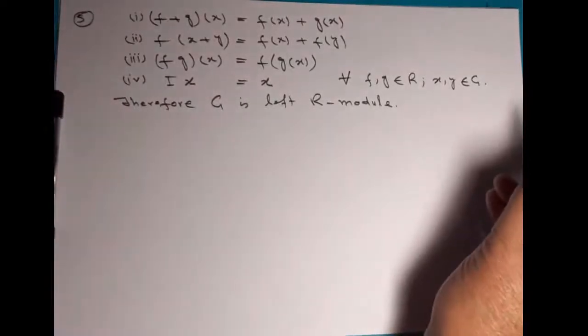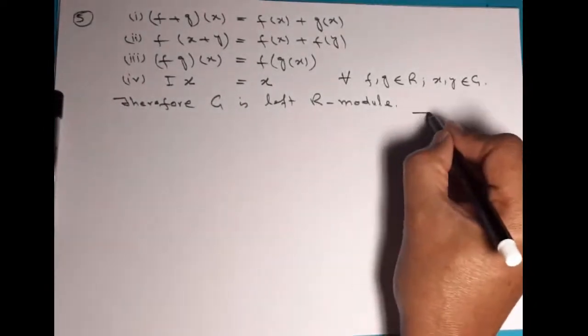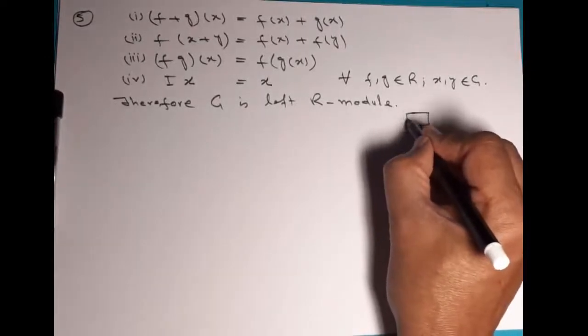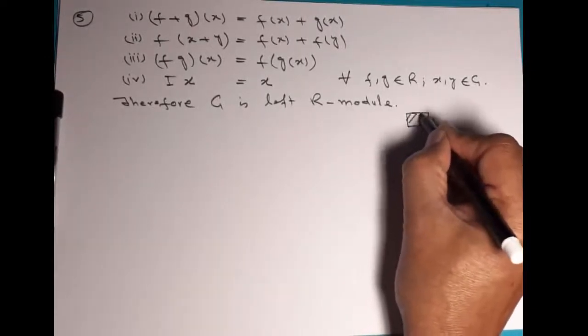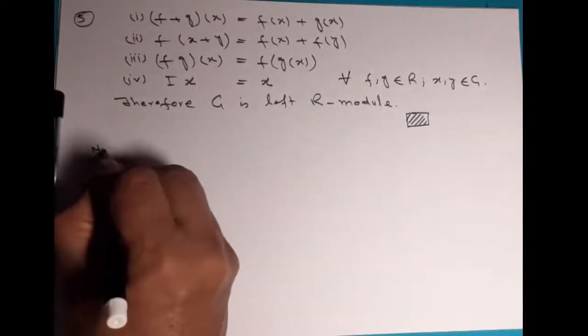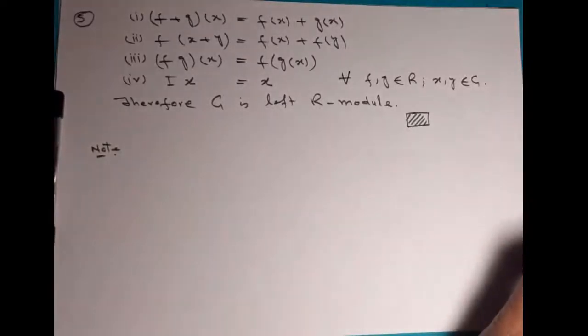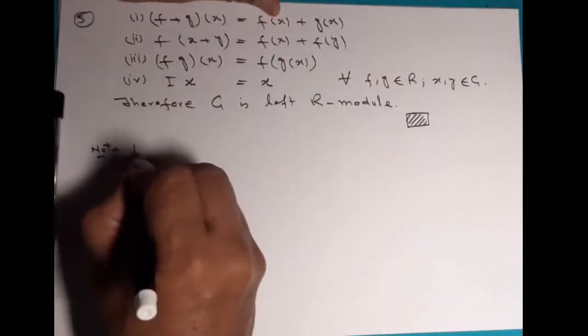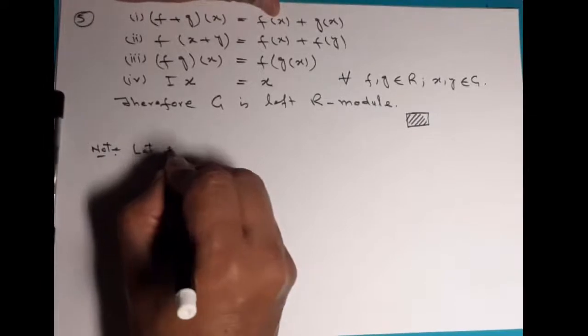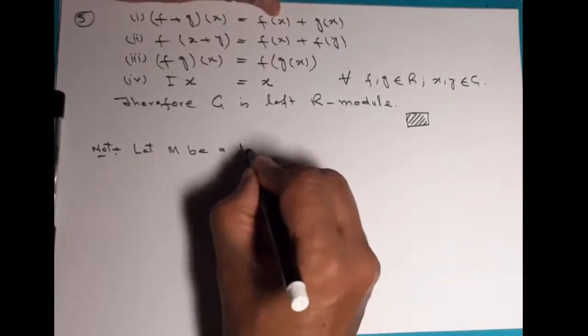Now let's come to another concept. Let's close it here. So let M be a left R module.